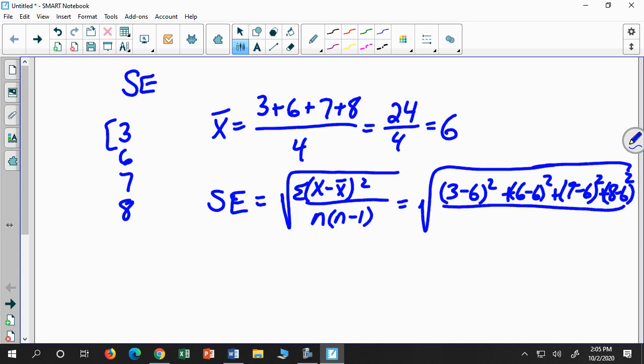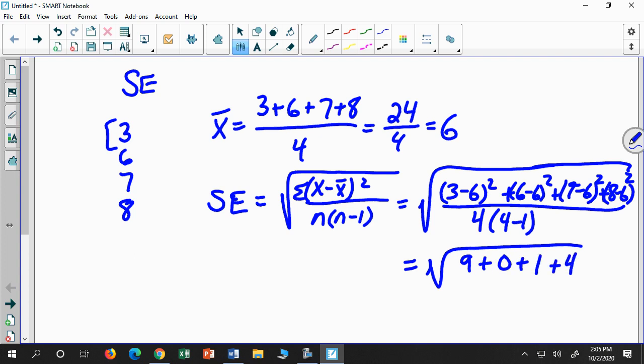And then I divide that through by n, which is 4, times 4 minus 1. And so that's going to be the square root of 9 plus 0 plus 1 plus 4 divided by 12. 4 times 3. So that's the square root of 14 divided by 12.